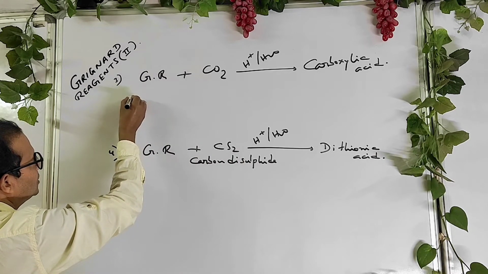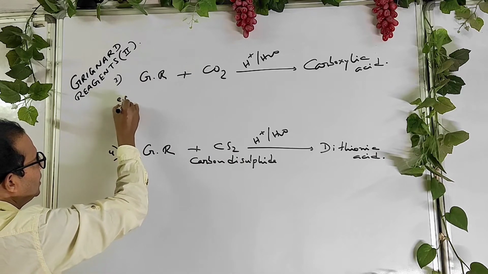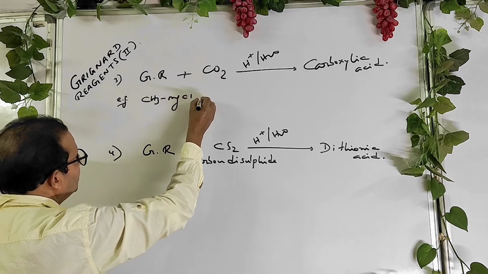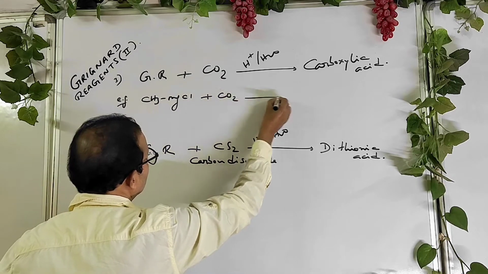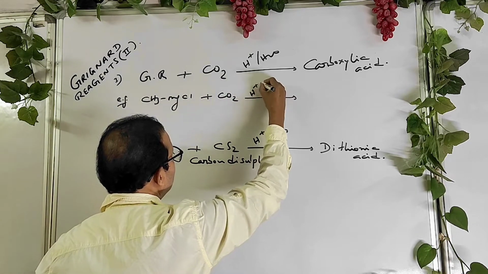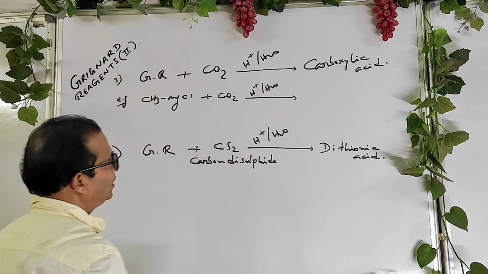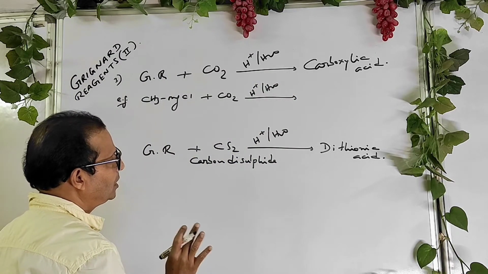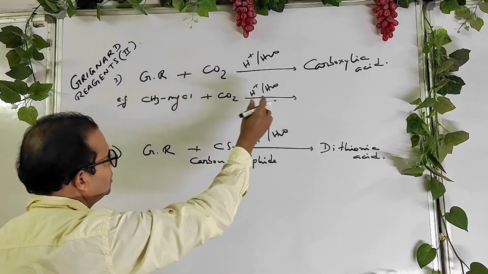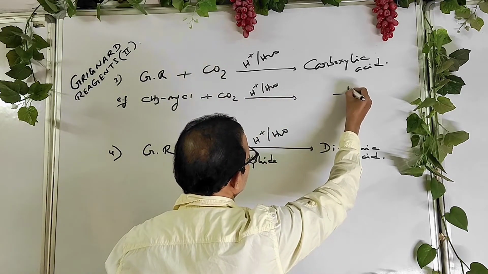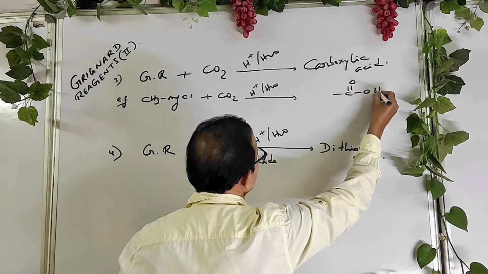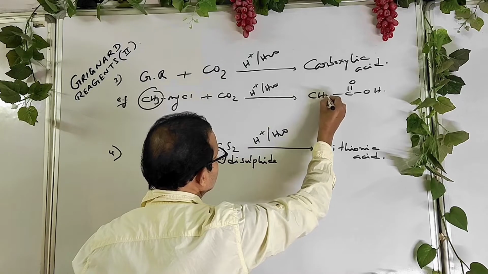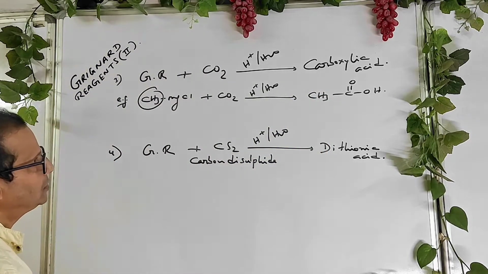If you consider the Grignard reagent, say methyl magnesium chloride, reacts with carbon dioxide followed by acid hydrolysis, directly write the product. No need to write the intermediate because the intermediate is not asked here. So you get this carboxylic acid group, and just use it.